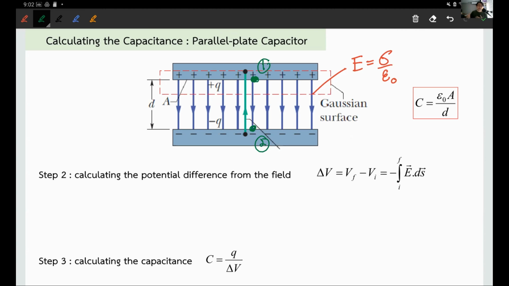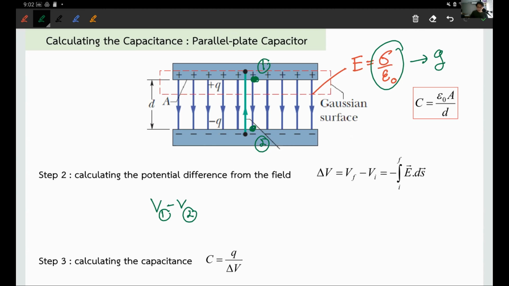This is the easiest case possible, because the electric field is constant. When the electric field is constant, you can think of it like a gravitational field. The potential difference, let me write it as V1 minus V2, or V2 minus V1, doesn't matter, because the positive side will have a higher potential than the negative one.